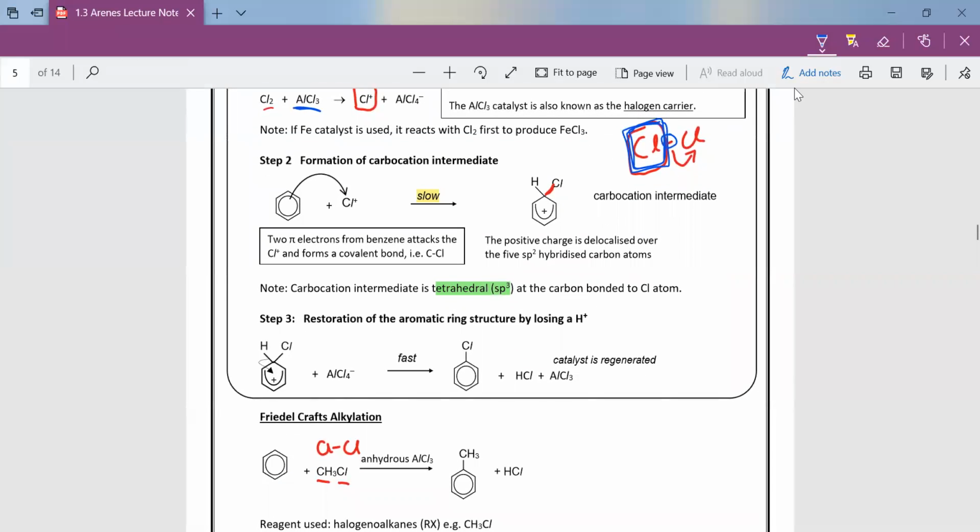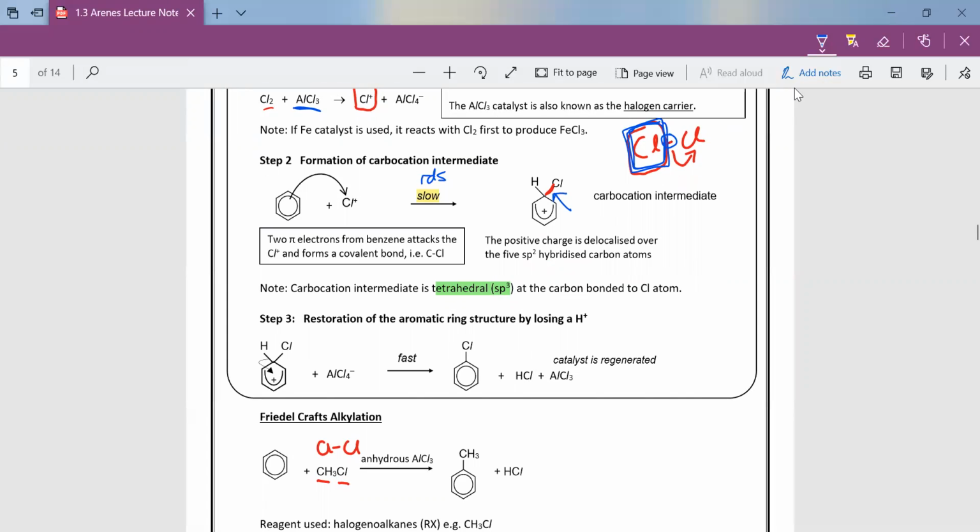Step 2 is the rate determining step. In the benzene ring, one pair of electrons comes out to attack the electrophile, forming the new covalent bond, which is this bond highlighted here.